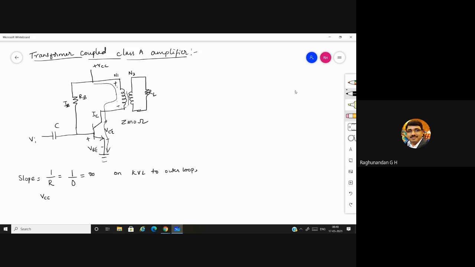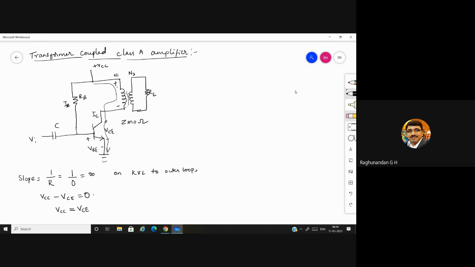Since there is no resistance here, even though IC flows here, it will be IC into 0, which is 0. So the only thing you will be having is minus VCE, equal to 0. That is, VCC is equal to VCE. This is the parameter which we are going to get.